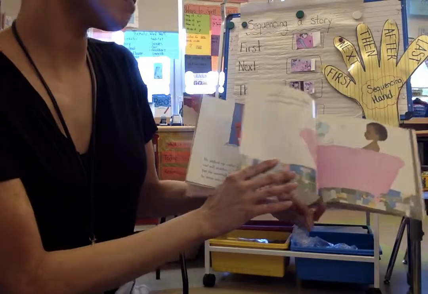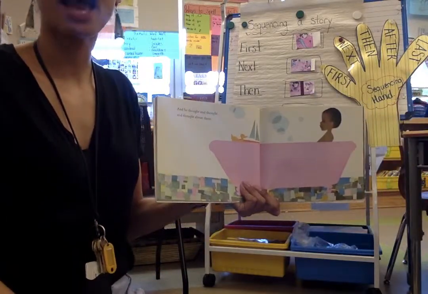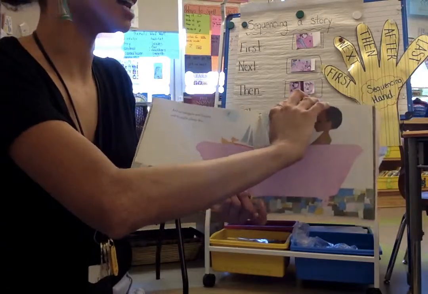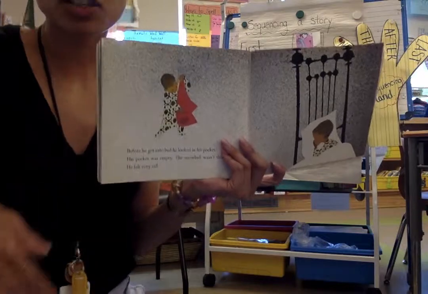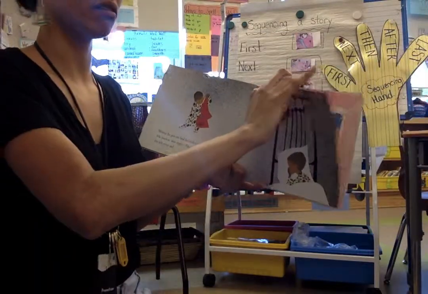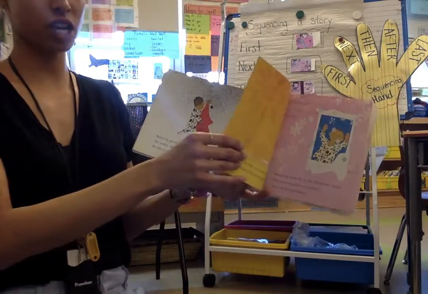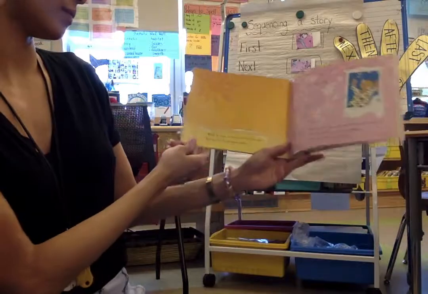Mama undressed him and got him ready for bed, and he thought all about the fun he had in the snow that day. But then he realized that he put a snowball in his pocket and it didn't seem to be there anymore. Remember, we talked about snow turning into water. Good job, it melted.